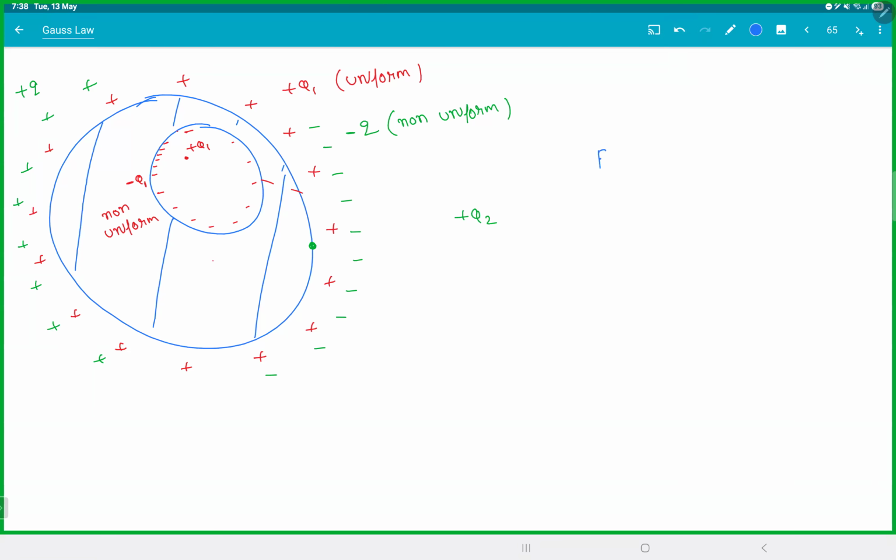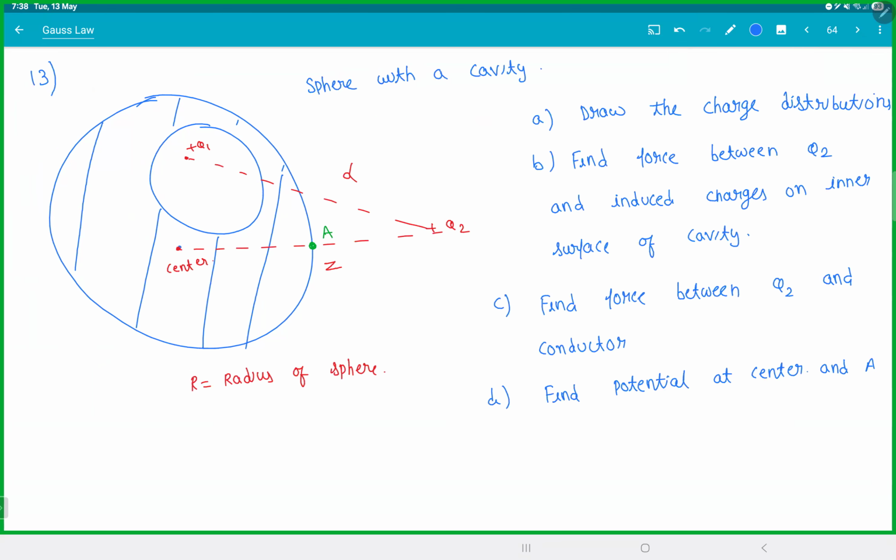Now the force between Q1 and Q2 plus the force between minus Q1 and Q2 must be 0. This is the charges inside the cavity. So this Q1 and this minus Q1 together will not interact with anyone outside. That was your second question, isn't it? Find the force between the induced charge on the cavity, that is this guy, and that one. The distance is d.